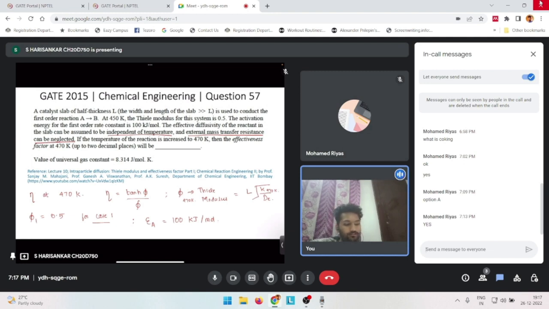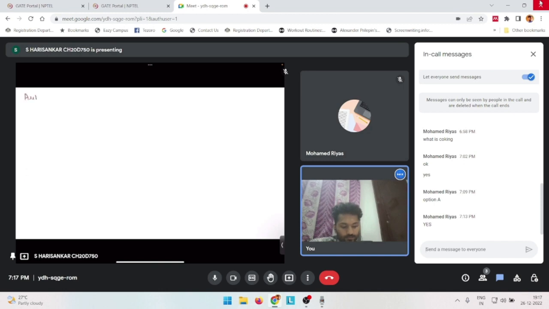So let us first start by using our Arrhenius equation. So by Arrhenius equation, ln K2 by K1 is equal to EA by R into 1 by T1 minus 1 by T2. So here EA is given as 100 kilojoule per mole.